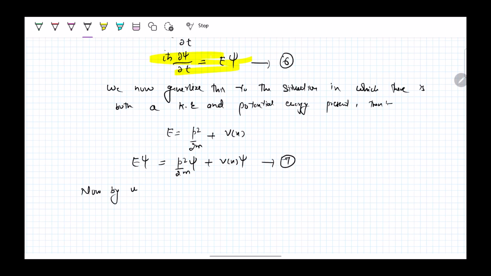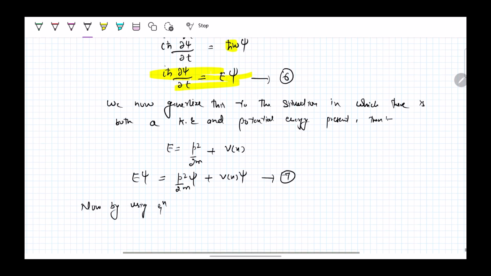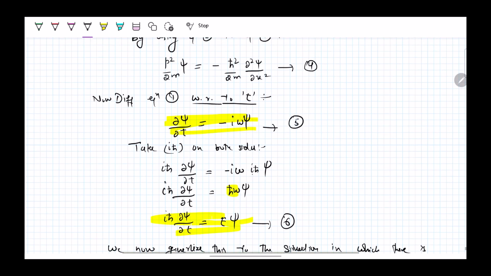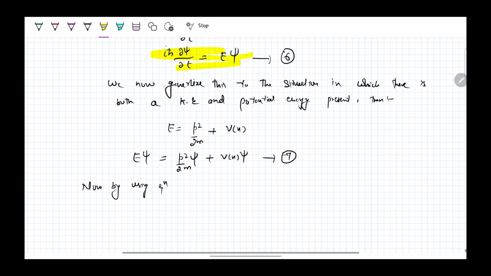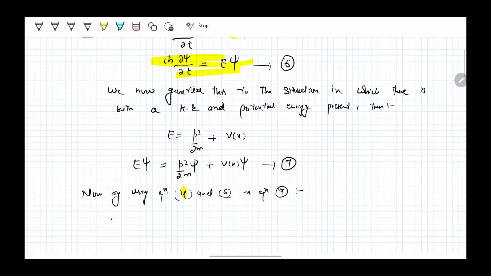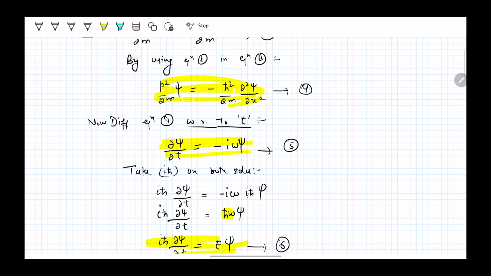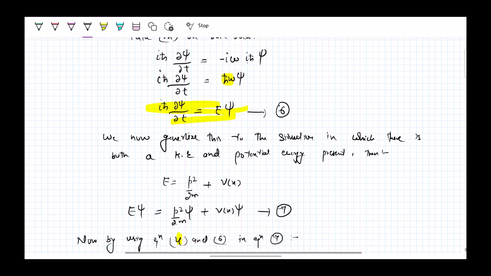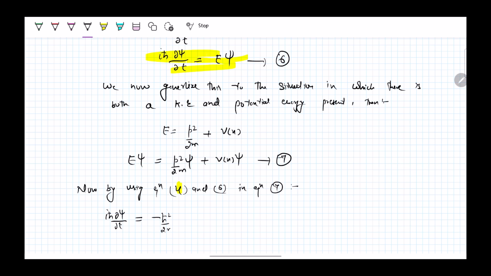Now by using equations number 6 and 4 in equation number 7, what we are getting is, first, the value of Eψ equals iħ ∂ψ/∂t equals p²/2m, which we have already got in equation number 4 as minus ħ²/2m ∂²ψ/∂x², plus V(x)ψ, right?